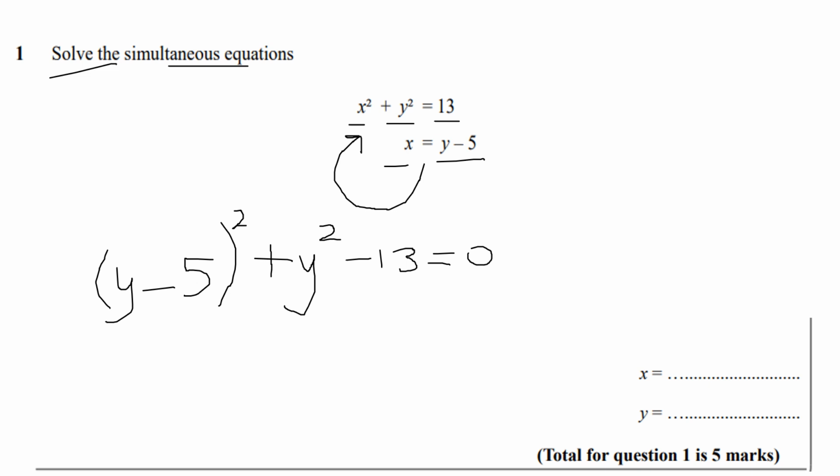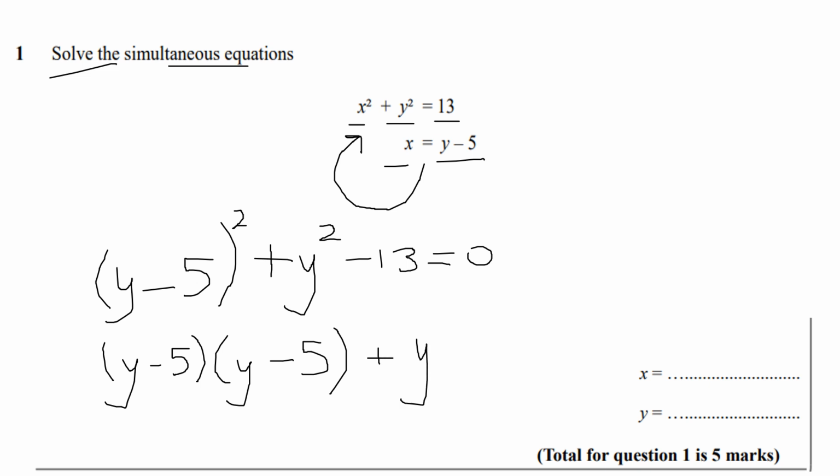I'm now going to expand and simplify this double bracket. Remember that this means y minus 5 times y minus 5. When I do this, what do I get? Well, using the FOIL method or the eyebrow method or the grid method or whichever method you feel comfortable with, we get the following.